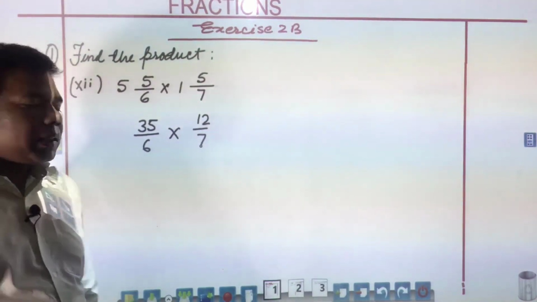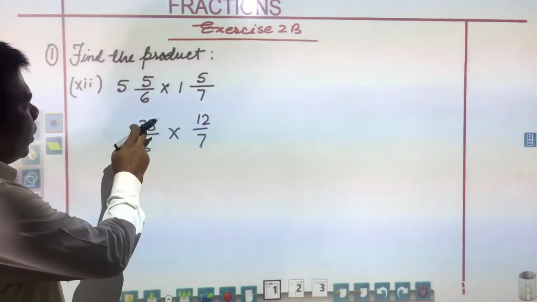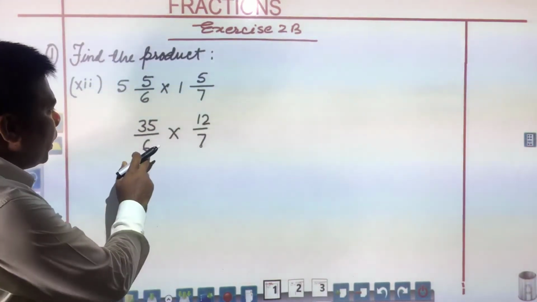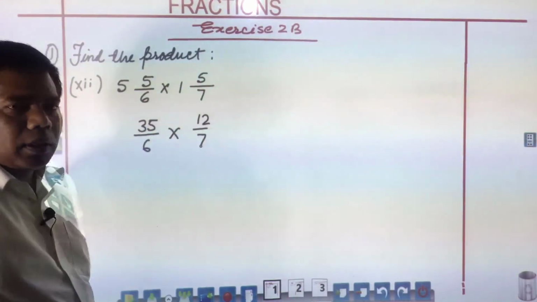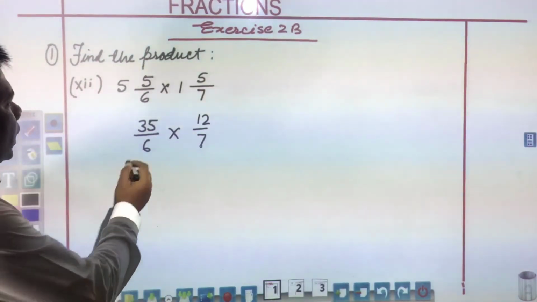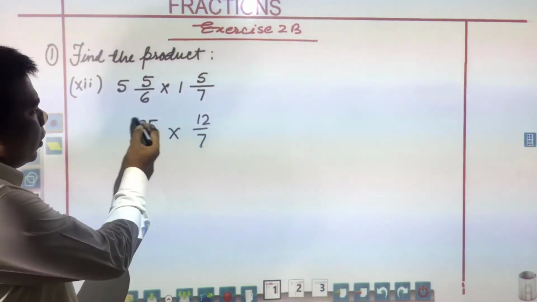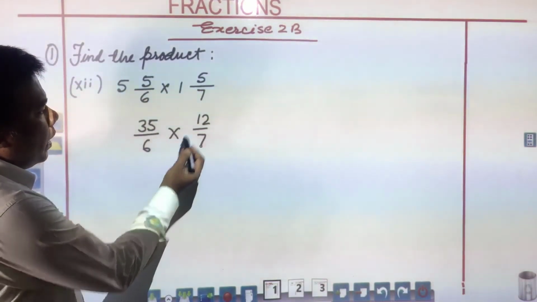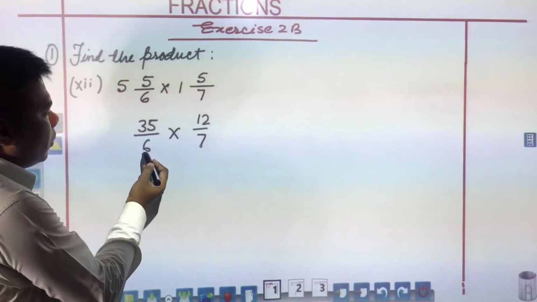Now, in multiplication, numerator and numerator is required to be multiplied, and denominator and denominator is required to be multiplied. But here you see you have 35 in numerator, and in denominator 7, here you have in numerator 12, here you have 6.